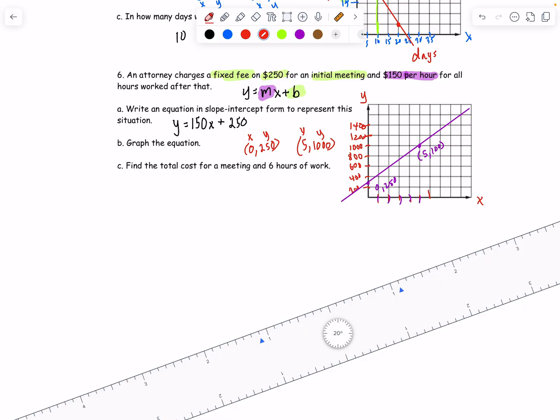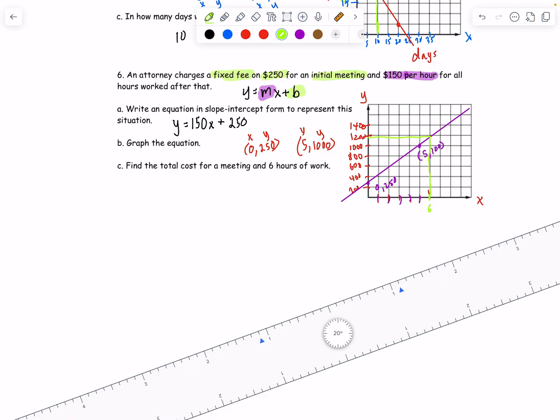We can look at it, we can estimate. If I take a line just like I did before, here's 6 right here. I could go straight up, I hit the line, and I could just go straight across. So it looks like it's a bit below 1,200, but we're not sure.